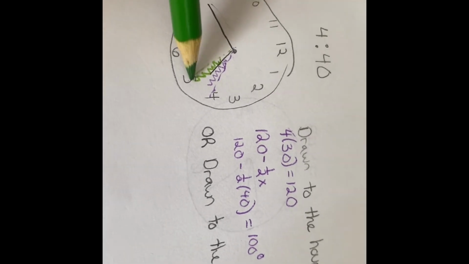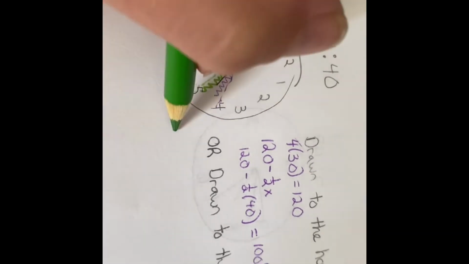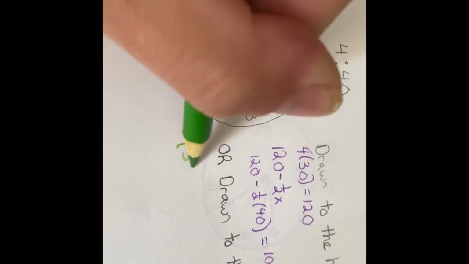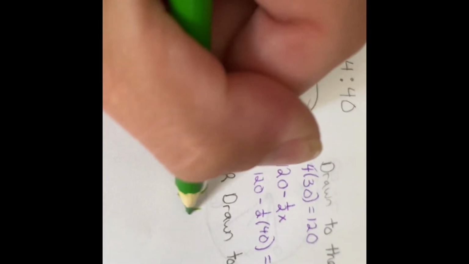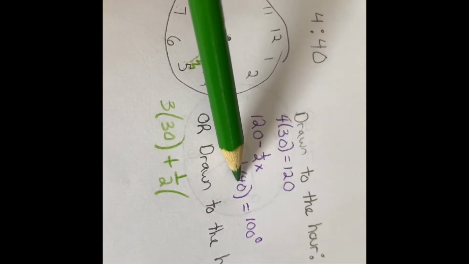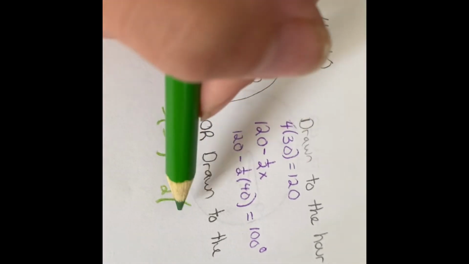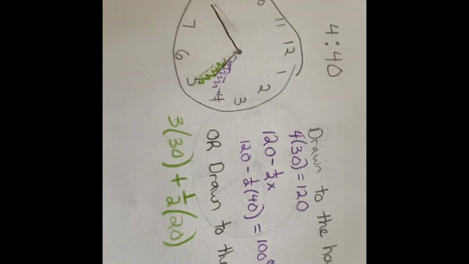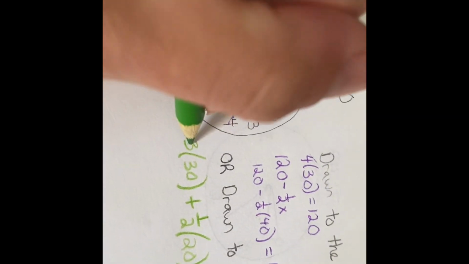So when we look at the increments, we've got 1, 2, 3 increments this time. So we start with our 3 times 30. And again, we're going to be adding on not the minutes that have passed in the hour, but the minutes that we have left in it. So we've got 90 plus that 10, which gives us that 100.